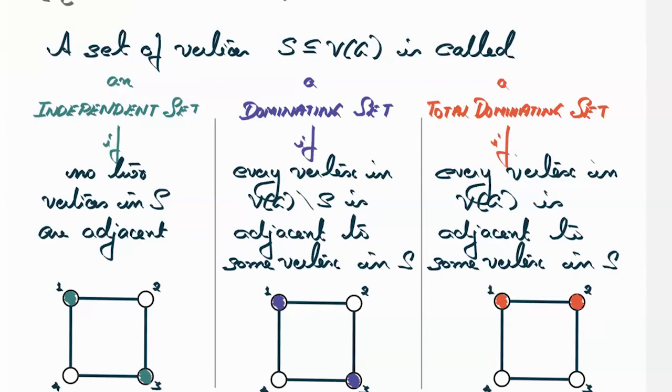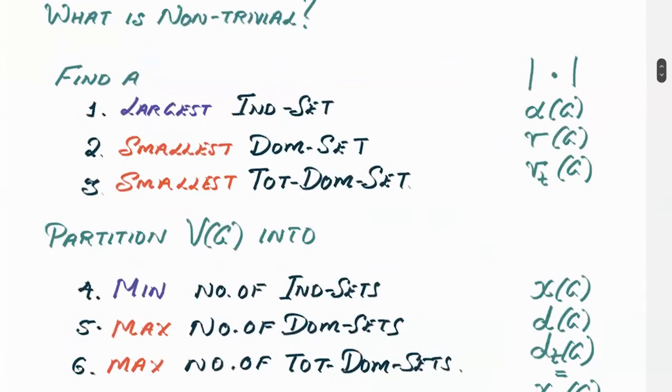Now, what are the non-trivial questions that one can ask here? If you are talking about independent sets, then surely the empty set is an independent set, and singleton sets are always independent. So the natural question is, what is the largest independent set? The size of a largest independent set is called the stability number of a graph, and it is usually denoted as alpha of the graph. Whereas when it comes to dominating sets or total dominating sets, what is interesting is to find the smallest one.